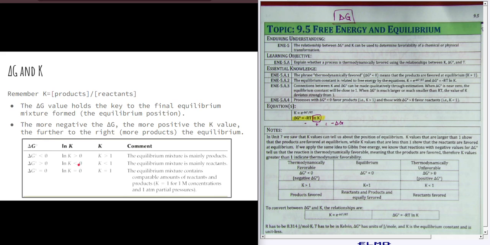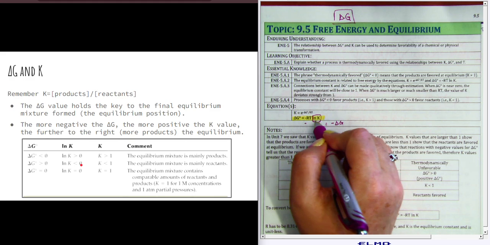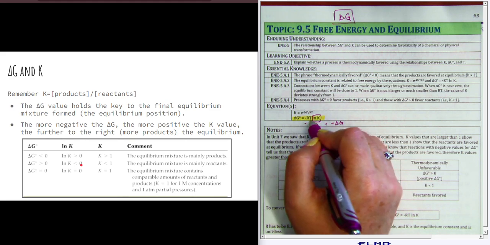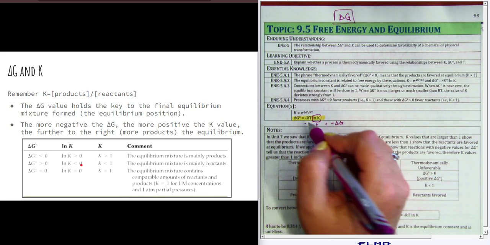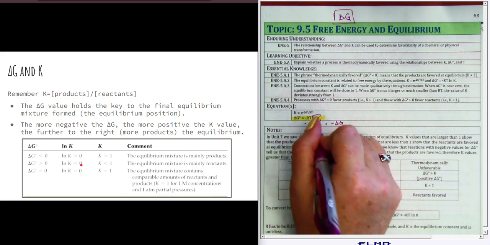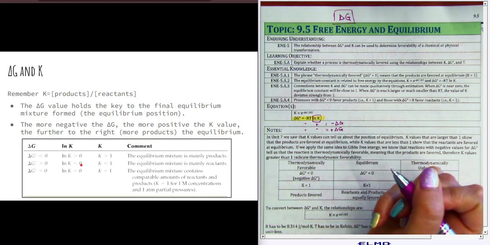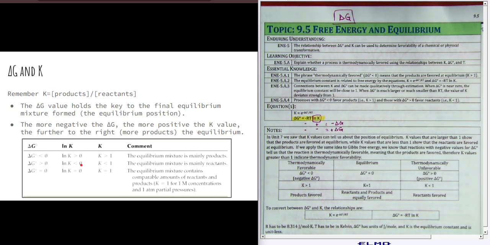So if I plug in a negative value for the natural log of K and multiply it by a positive temperature and a positive R value and then this negative 1, a negative times a negative means I end up with a positive delta G. So if I have a positive delta G, it's not a thermodynamically favorable reaction.